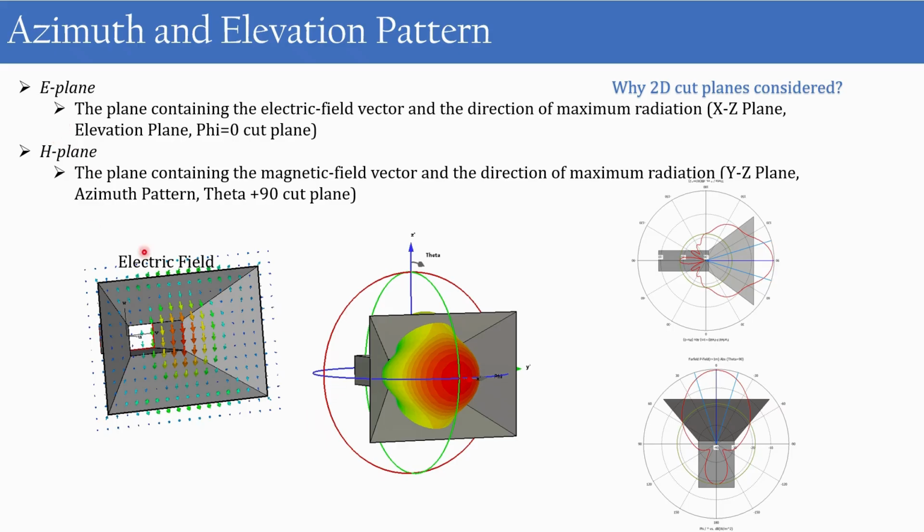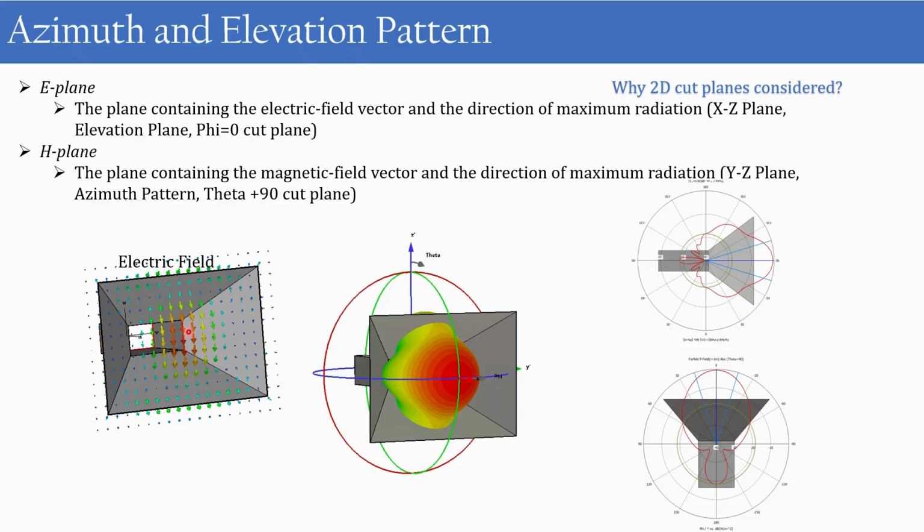So in the case of an azimuth pattern or elevation pattern, let's see what it is. These are defined based on the electric field and magnetic field distribution. If we consider the case of a horn antenna, we know that this is the electric field distribution. So if this is my horn antenna and this is my Z direction, this is the Y direction, and this is the X direction, such that X is the direction of propagation.